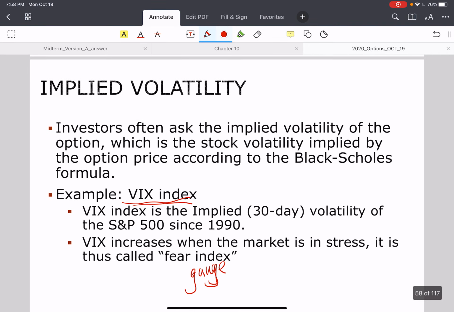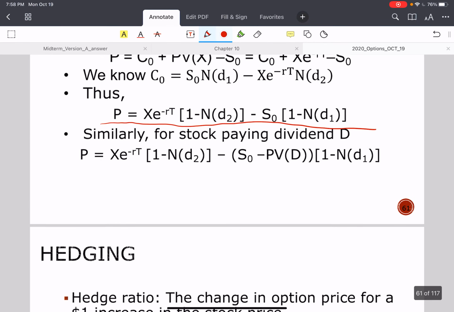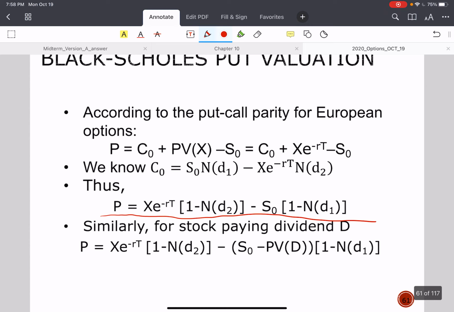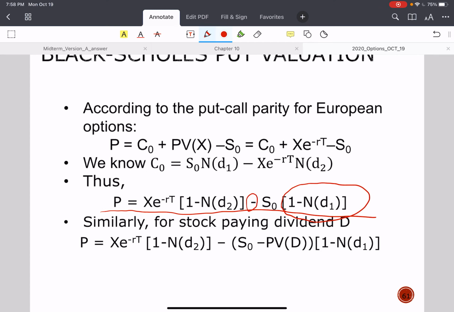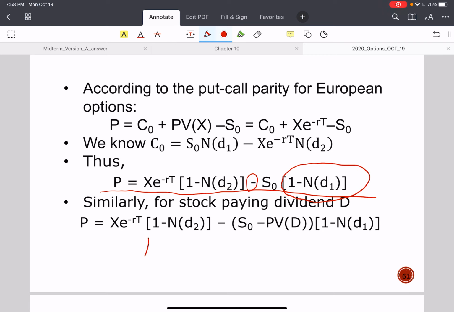So in the put option case, it's still the same. What is the number after the stock price? It's 1 minus N(d1). Well, you should not forget this minus sign, right? So for a put option, its delta equals minus (1 minus N(d1)), that is N(d1) minus 1. Basically, for a put option, delta is negative, or the hedge ratio is negative.